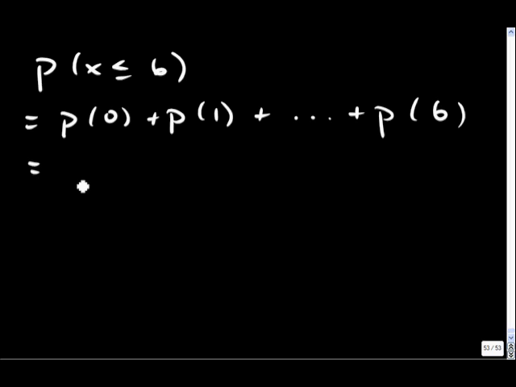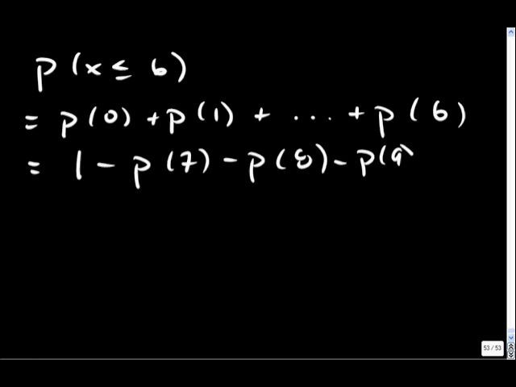I think I'm going to use the complement rule. It's 1 minus the probability of the outcomes that are not here. The outcomes that are not here are the values x is 7, 8, 9, and 10.